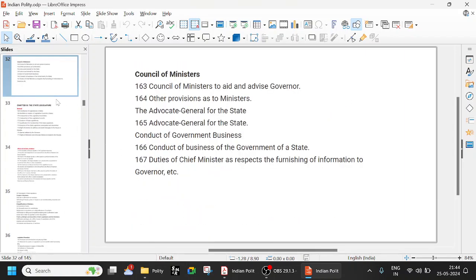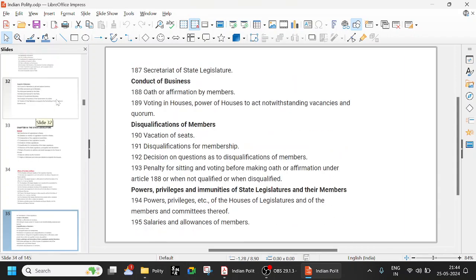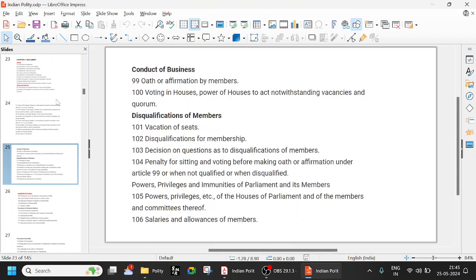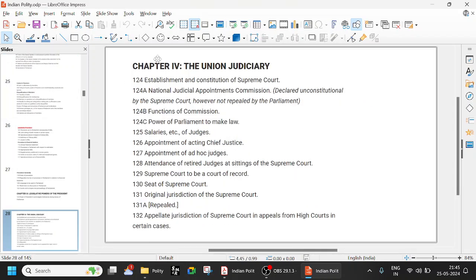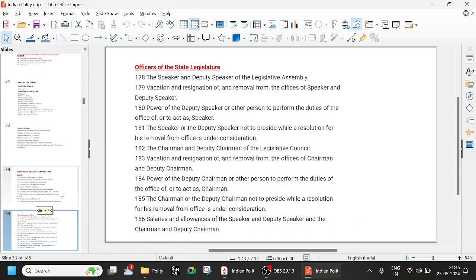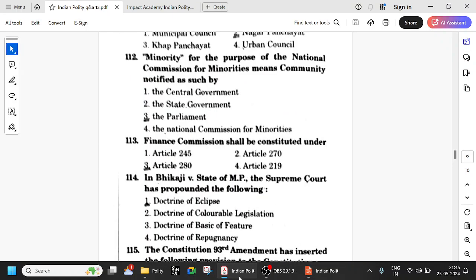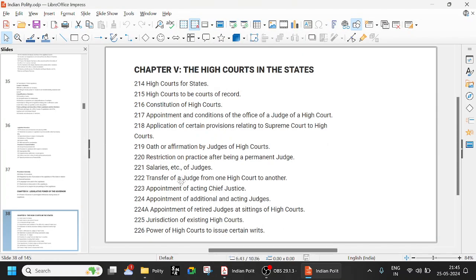Supreme Court starts from 124, and High Court starts from 214, okay? Easy to remember. 124, 214, just a little bit change. So 124 is Supreme Court, 214 is High Court. When you remember that 214 is High Court, you will remember 219 is also something related to that.